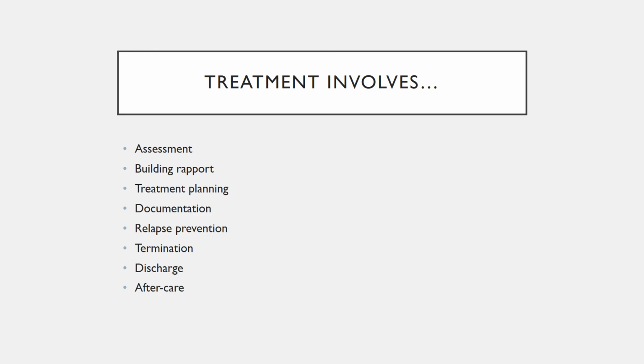Termination is another part of it. Once you've come to the end of your time working with an individual, you're going to be thinking about wrapping up that work and having that conversation with them, and again helping them think about what the next step looks like and other ways that they can seek out support in their life.